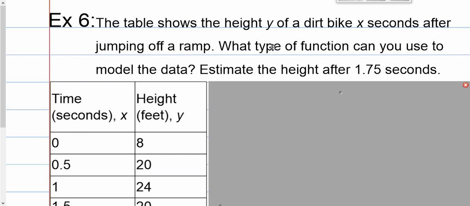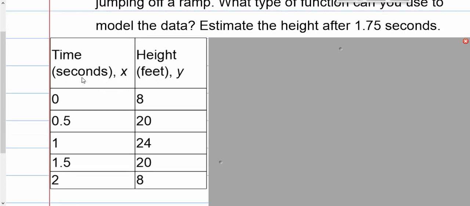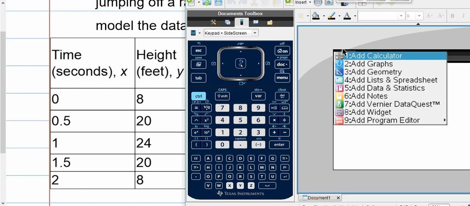To determine what type of function you can use, I'm not going to make you search through that table and figure that out, but give me just a second and I will get a calculator for you that will help us figure out what kind of function this is going to be. Okay, so here we go. Here's our calculator, and from our home screen, we are going to put this into lists and spreadsheets.